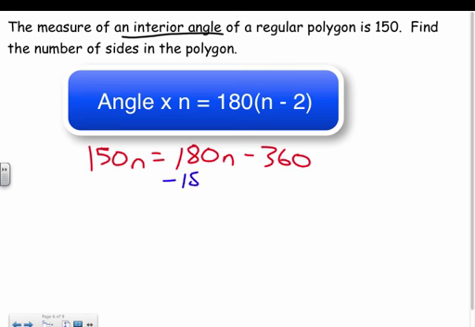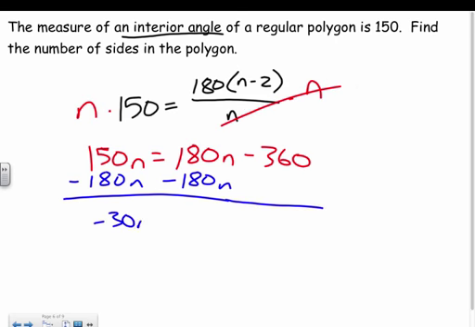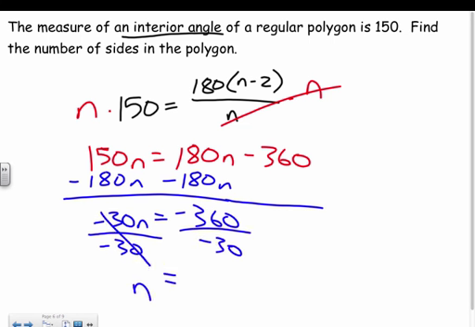I just subtract my 180n over, and we're left with negative 30n equals negative 360. And we can divide by negative 30. And n gives us positive 12. So that would be for a dodecagon, right? A 12-sided shape.